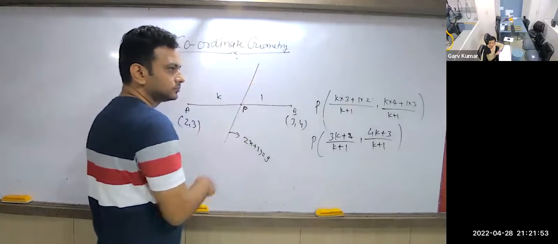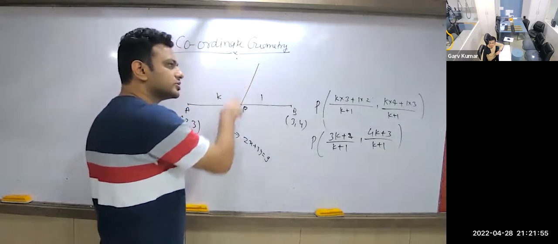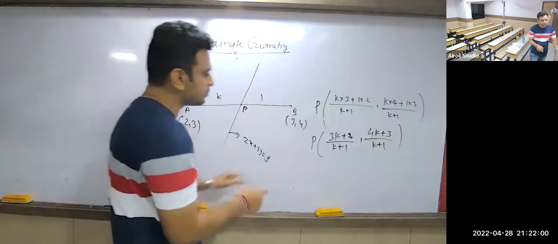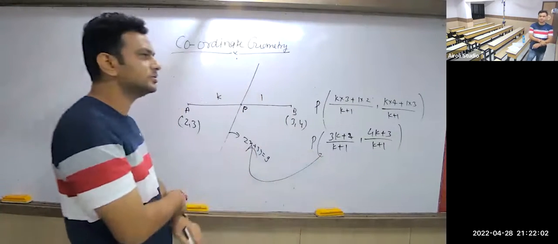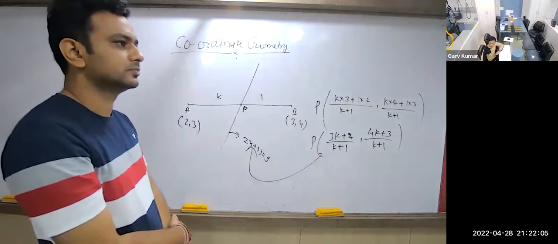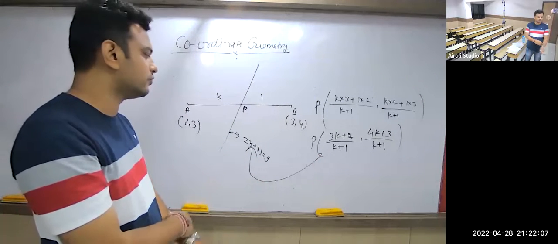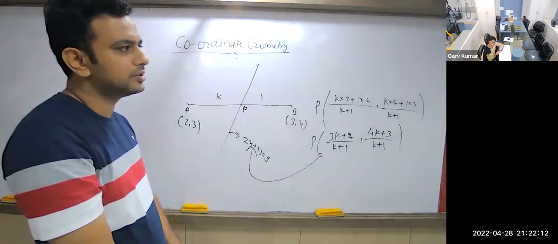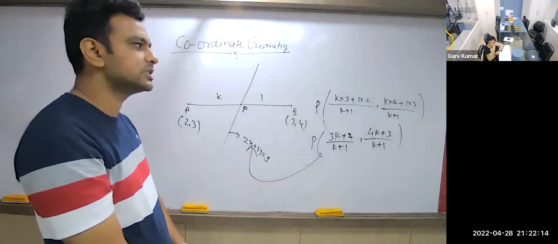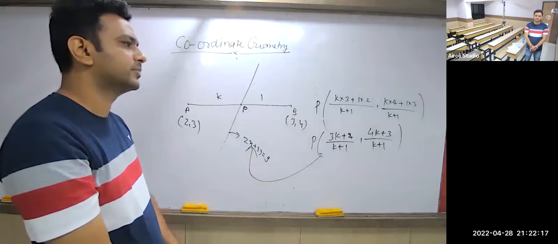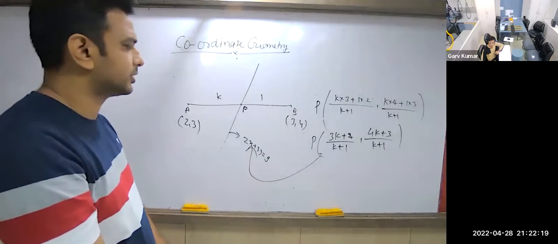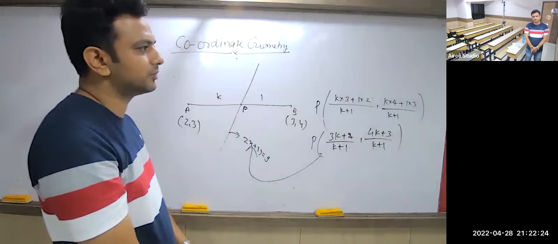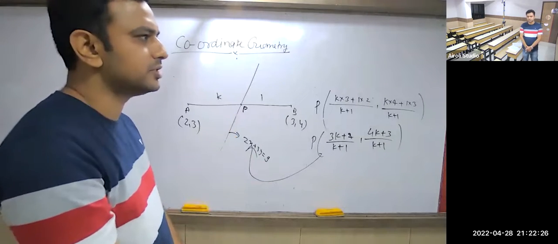So it will satisfy the equation of this line. So can I put this point in this line equation? In that way, can you get the value of k? You have only one unknown. Point lies on the line. Clear? So can you just put the value and get the value of k? Just try it.